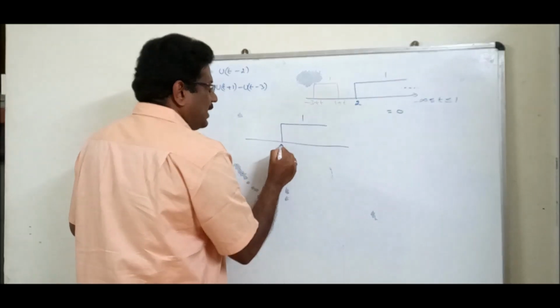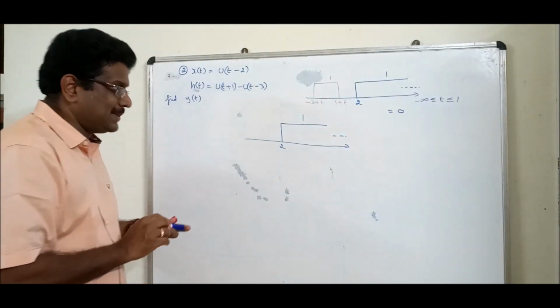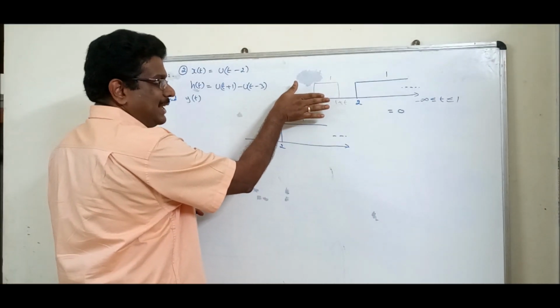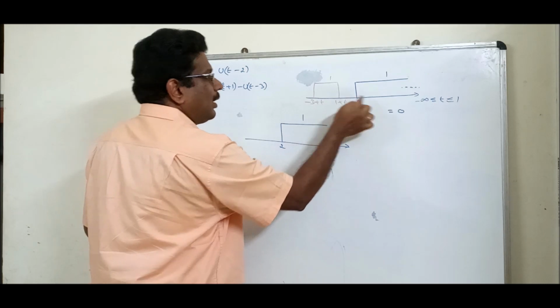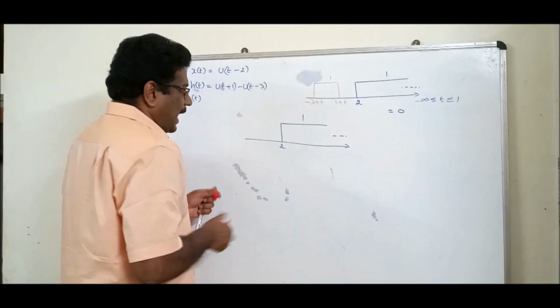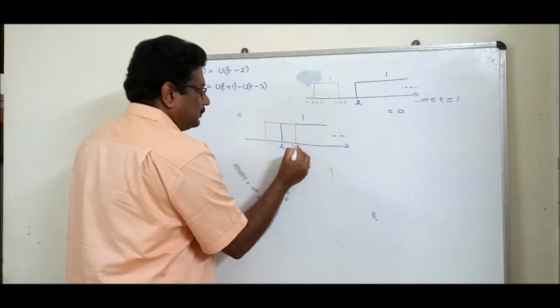Now, what are the different types of amplitude overlapping possible? Right now the red sketch is here, that is x is here. If I move, this 1 plus t may cross 2. If it does, I may get an amplitude like this.